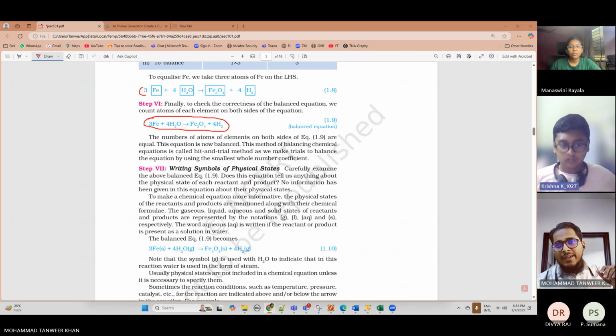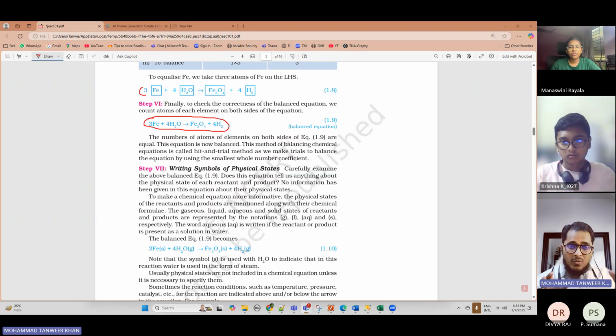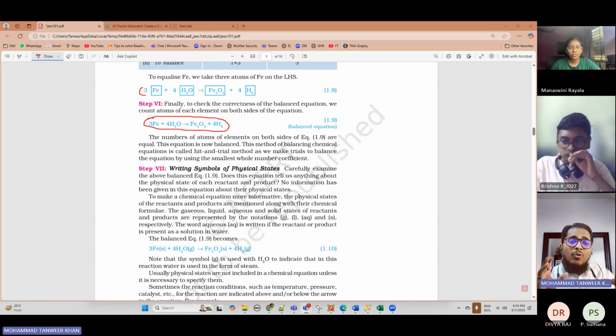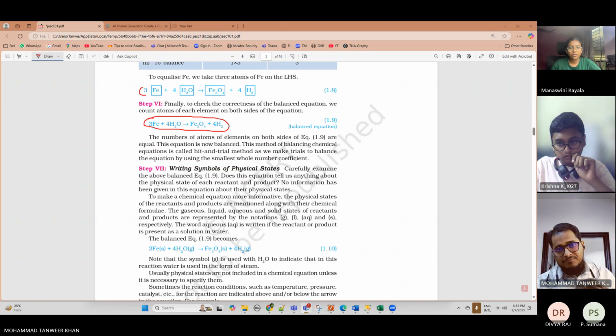Like which reactant is solid, which one is liquid, or which one is gas. That information should also be present in a chemical equation, then that chemical equation will be more informative. Clear? Yes, sir.